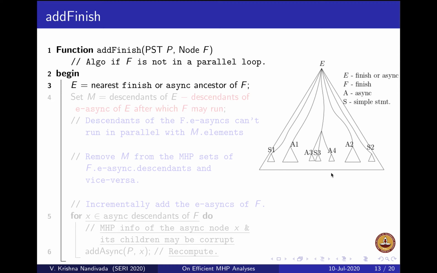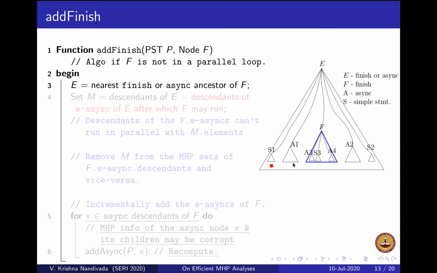For example, A2. Now that I'm adding F, A3, A4 may not run in parallel with A2 anymore. Okay? So what I will do, I will think, aha, what other statements are there which are getting impacted because of this finish? Okay? There is one more statement whose MHP information sometimes may affect F, which is S1.